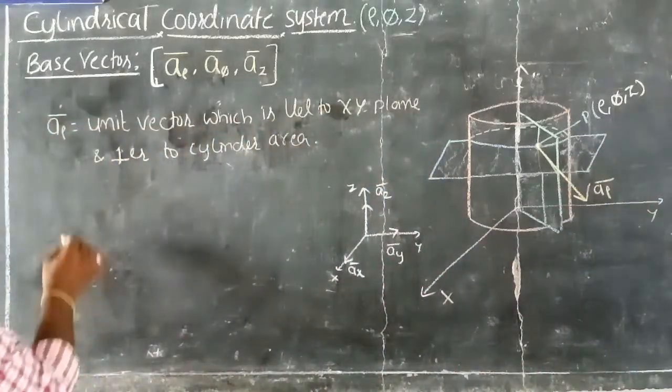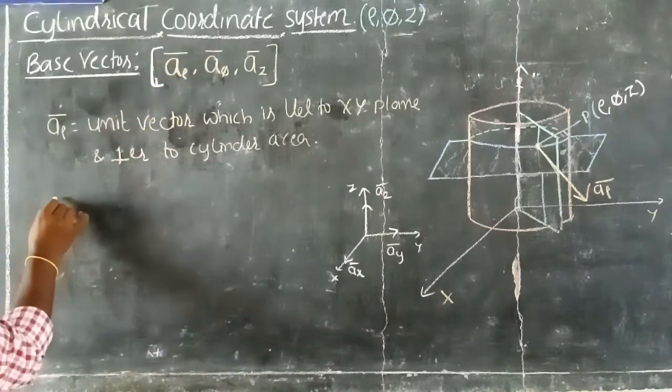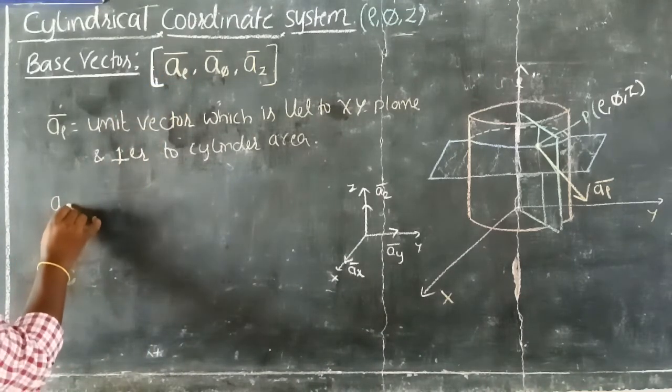Now, similarly, another base vector we have in the cylindrical coordinate system is a phi bar.